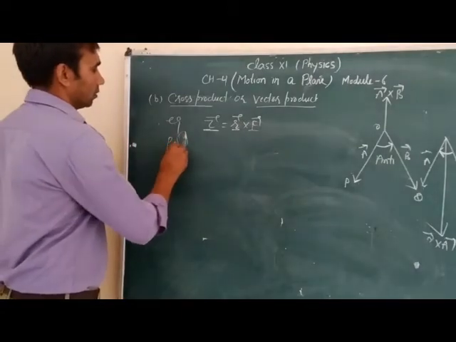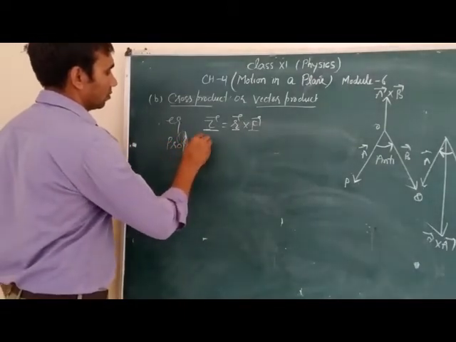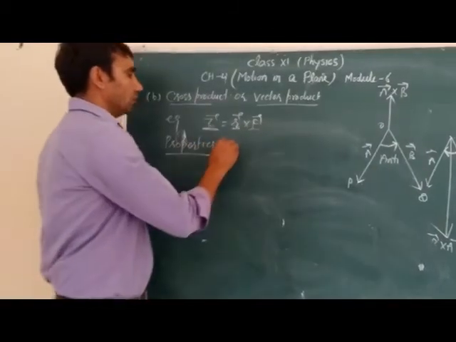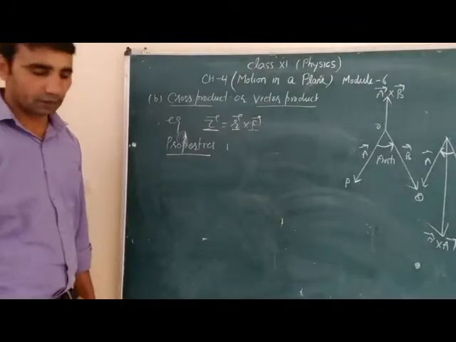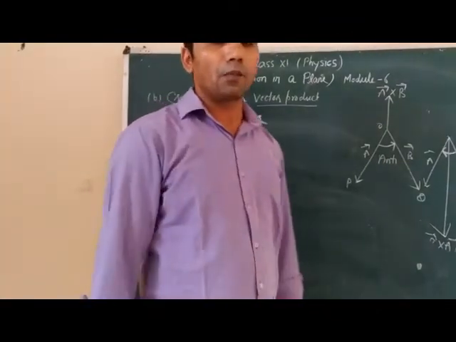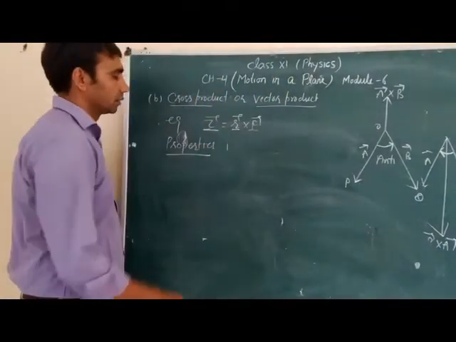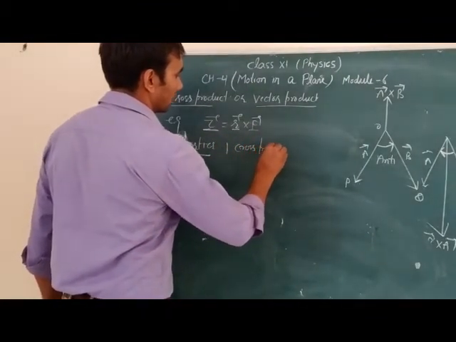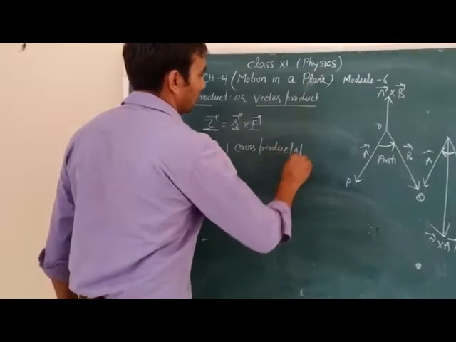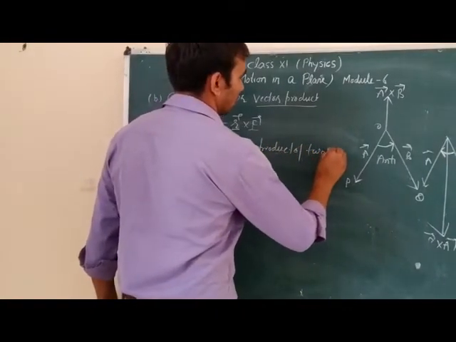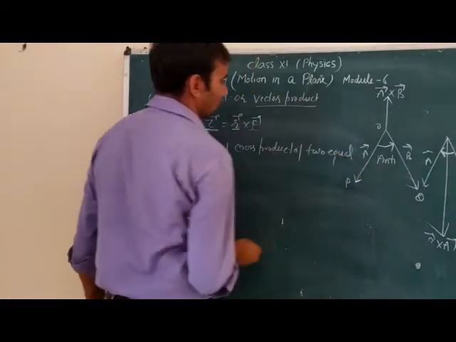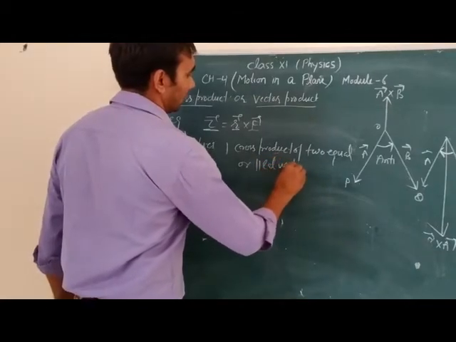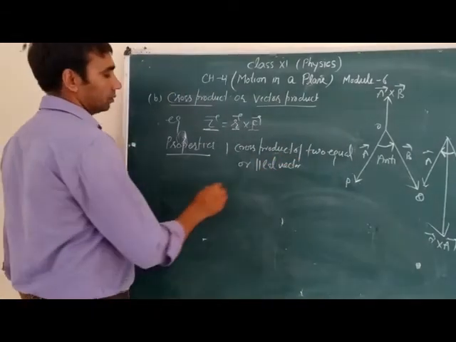Properties. First property. Now we will discuss the first property: the cross product of two equal or parallel vectors.